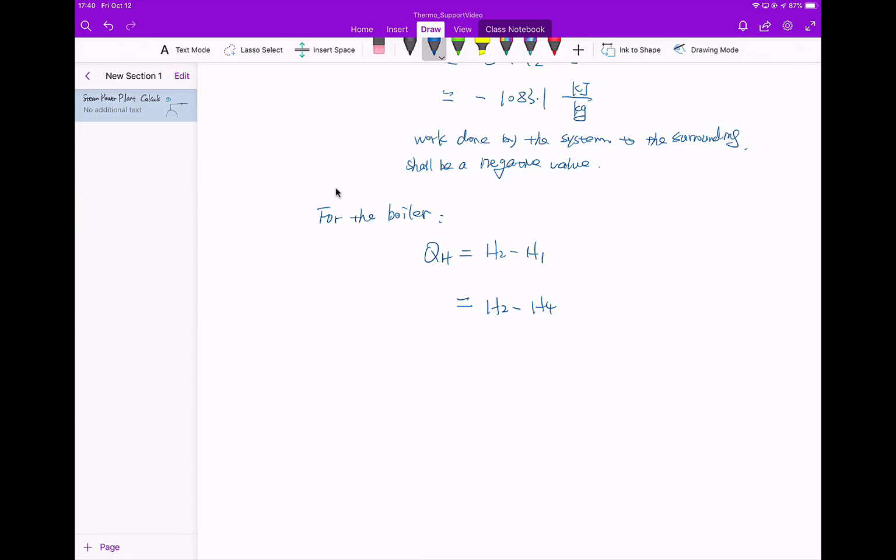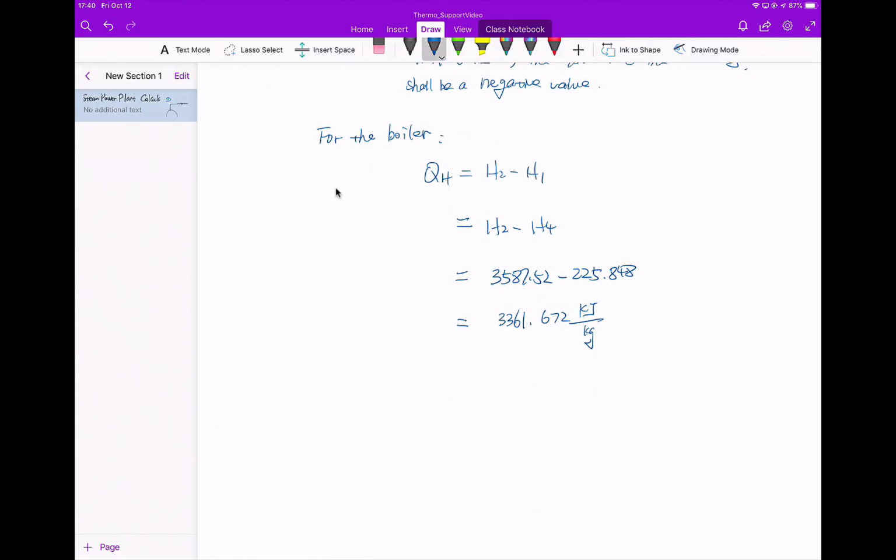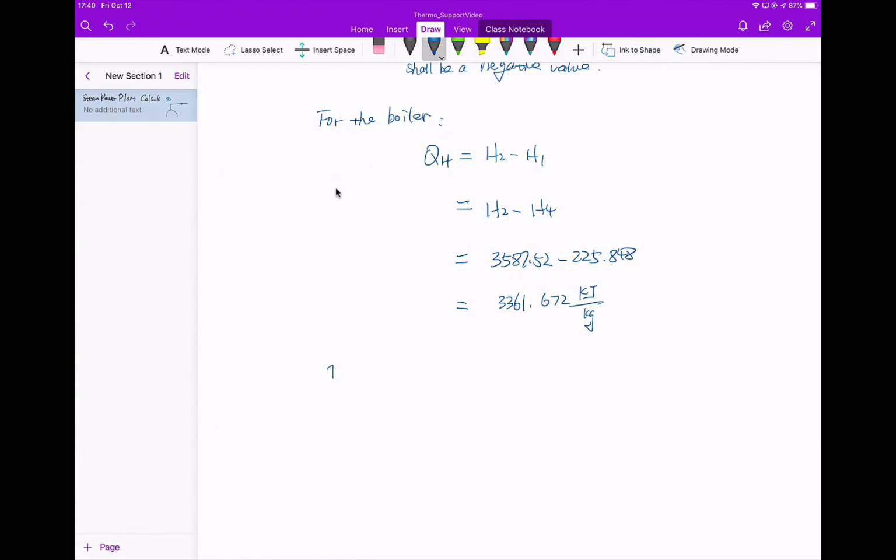Okay, H2 we figured out, H4 we again use that steam table, so I can figure out this is minus 205. This would be kilojoule per kilogram.